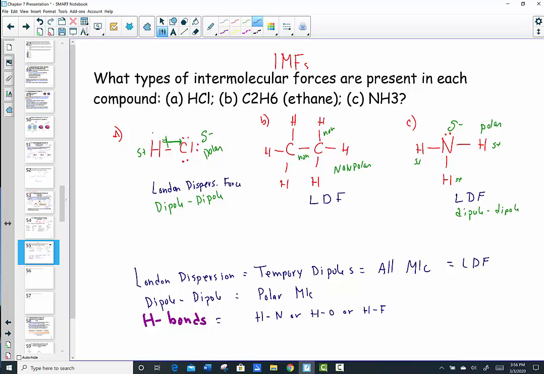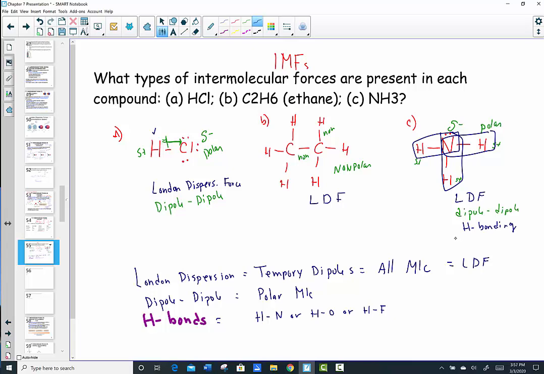Well, in letter A, hydrogen is present, but it's not bonded to an N, O, or F. So no hydrogen bonding. Letter B is a boring nonpolar molecule, so no hydrogen bonding. And in letter C, we have H bonded to an N 3 different ways. So there's 3 opportunities for hydrogen bonding there. So ammonia exhibits all 3 intermolecular forces.